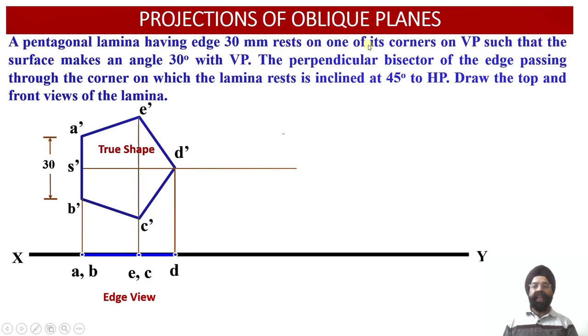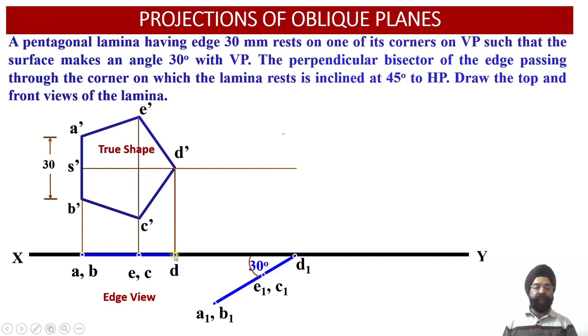Now we know that the surface of the lamina makes an angle of 30 degree with respect to the vertical plane. So this edge view needs to be reoriented or rotated at an angle of 30 degree with respect to the vertical plane. So this angle of inclination of the surface of the lamina with respect to the vertical plane will be 30 degree, and we have to redraw this particular edge view at the orientation of 30 degree with respect to the vertical plane.